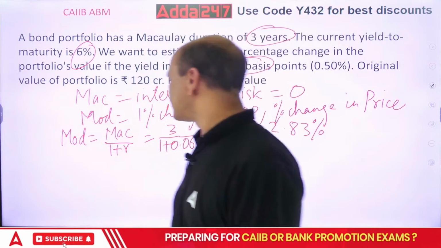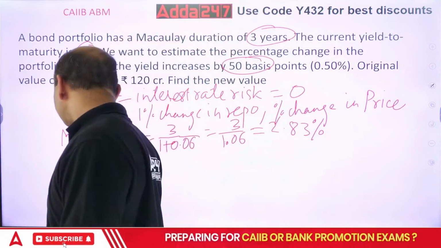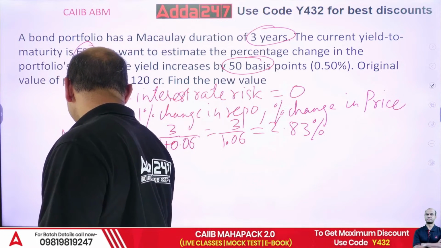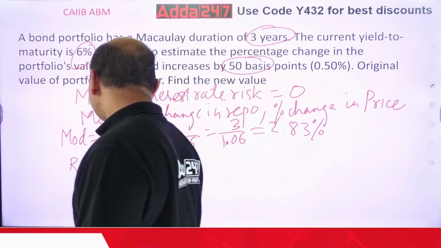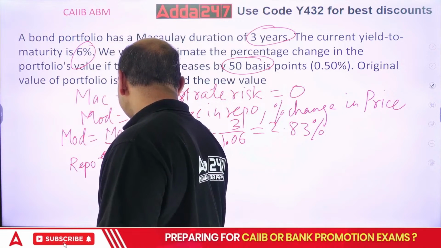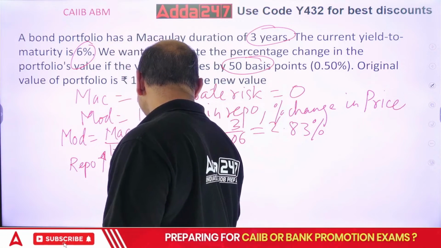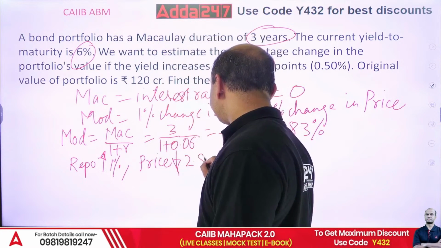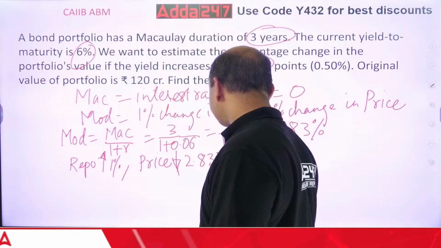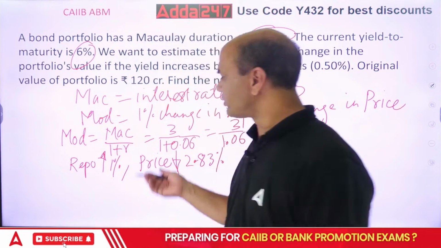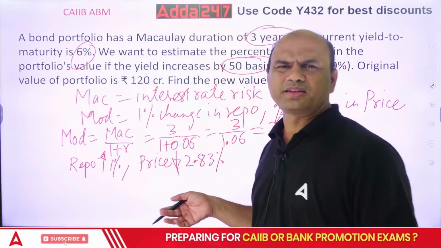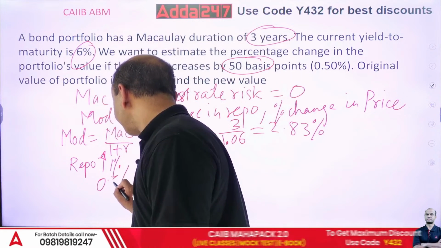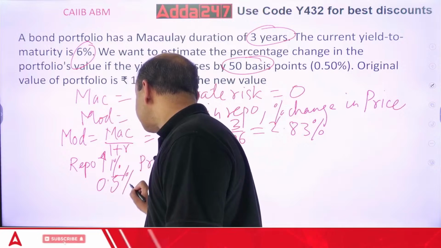So now understand this. If repo rises by 1%, my price will fall down by 2.83%, right? So if my repo now rises by only, let's say, 0.5, this will also change, right?